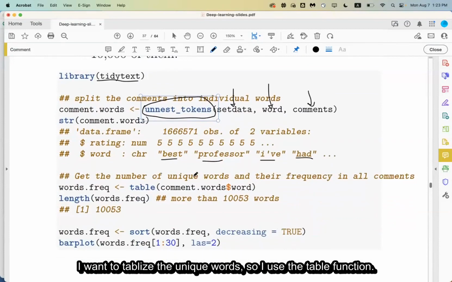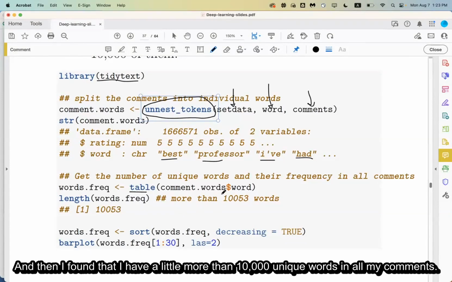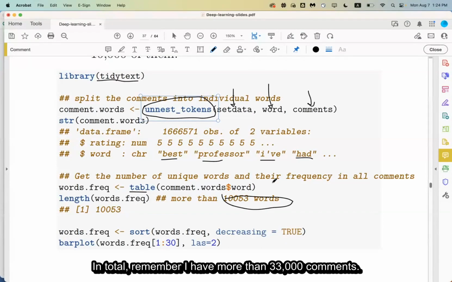I want to tabulate the unique words, so I use a table function. Then I found I have a little more than 10,000 unique words in all my comments. In total, remember, I have more than 33,000 comments.